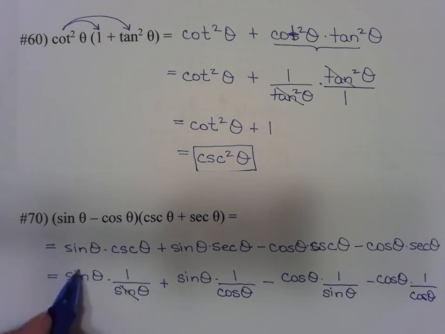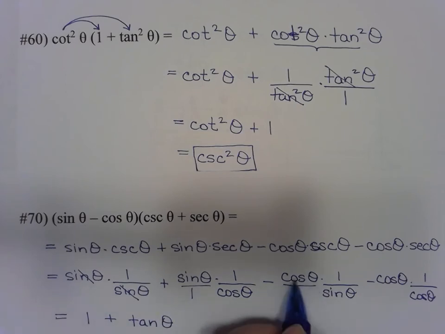All right, these are going to cancel or divide out to be 1. The sine of theta divided by the cosine of theta, that's really the tangent. The cosine of theta divided by the sine of theta, that's really the cotangent.